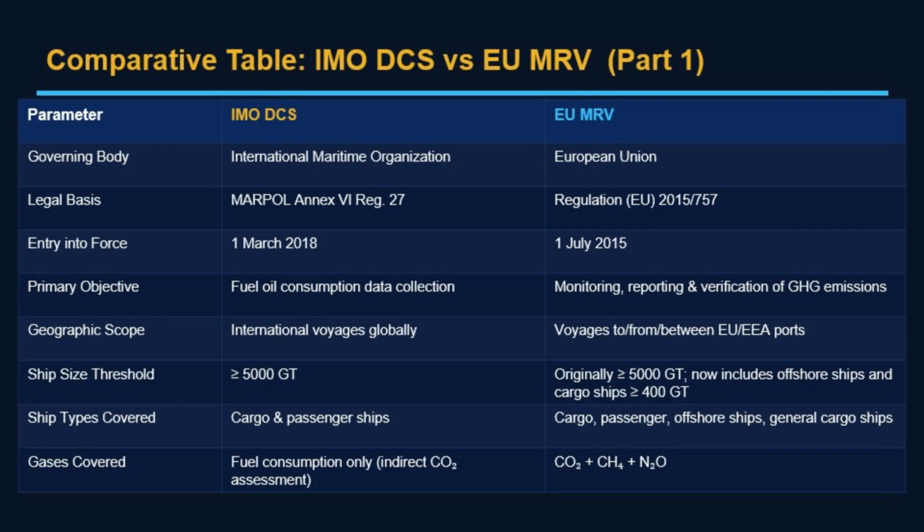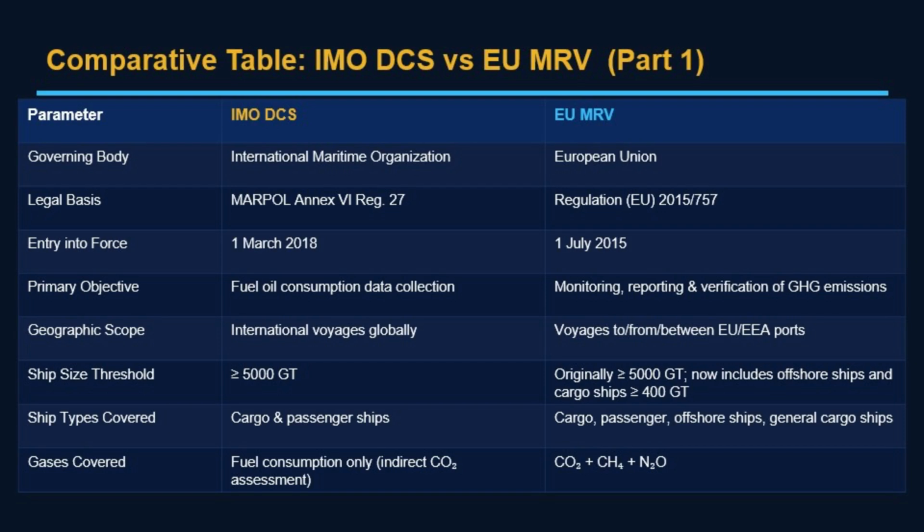IMO DCS is administered by the International Maritime Organization, while EU MRV is administered by the European Union. The legal basis of IMO DCS is MARPOL Annex 6 Regulation 27. The legal basis of EU MRV is Regulation EU 2015/757. Regarding objectives, IMO DCS focuses on collecting fuel oil consumption data for global analysis and future policy development.